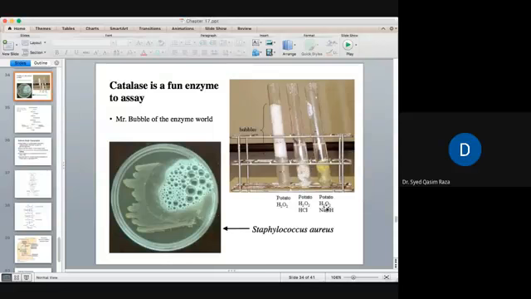And also in potatoes with NaOH, if there is sodium hydroxide, an acidic or basic reaction, then there is no production of oxygen. If you are using HCl and NaOH, it means you are changing the pH, so the reaction will not work like this, and catalase will not work like this. In Staphylococcus aureus, if you do the enzyme assay, you will see that there are bubbles here. That's why we call it the Mr. Bubble enzyme.